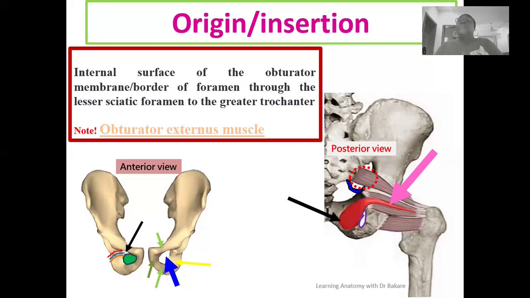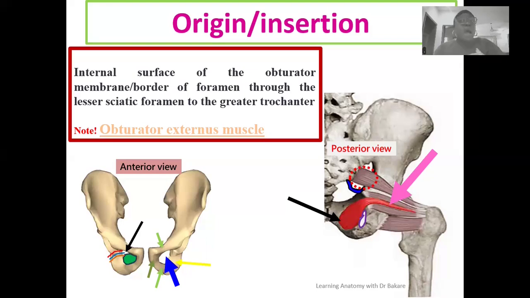If you look at the pattern of origins of the obturator internus and the obturator externus, you see that the internus emerges from the posterior or the internal surface of the obturator membrane and also the border of the obturator foramen, while the obturator externus originates from the outer or the anterior surface of the obturator membrane and also the obturator foramen. So this is how they originate if you compare these two muscles.